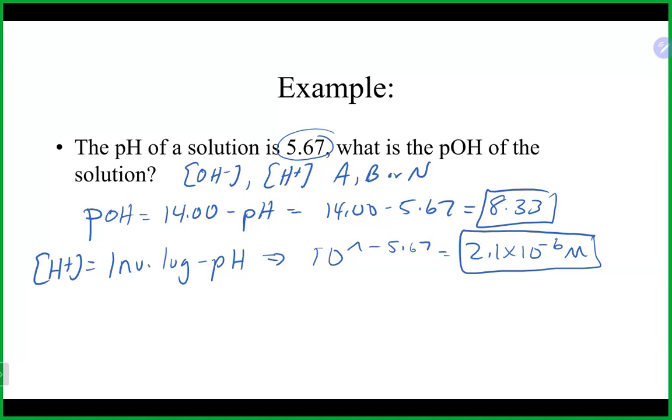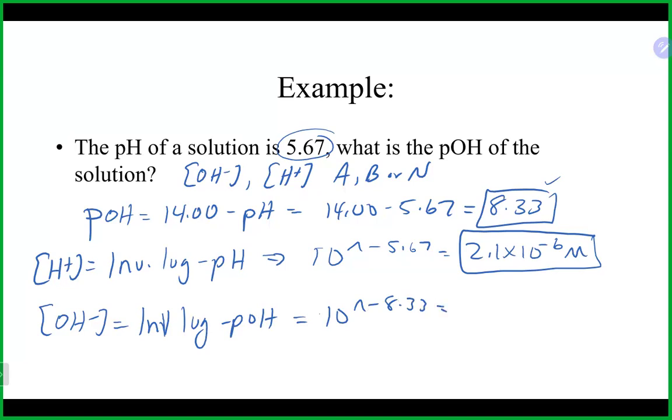At this point, you could use KW if you wanted to get the OH minus concentration, or since you also have the pOH, you could do pretty much the same calculation, the inverse log of the negative pOH, 10 to the negative 8.33, and looks like maybe a 4.7 times 10 to the minus 9 molar.